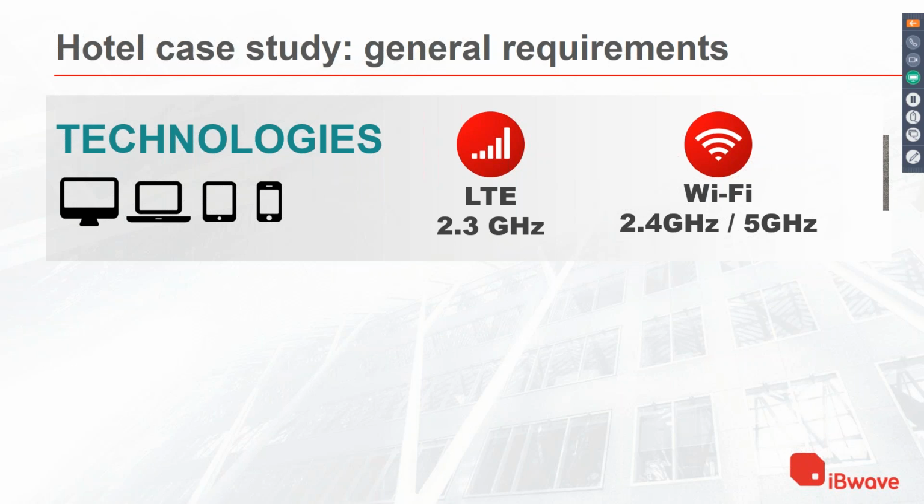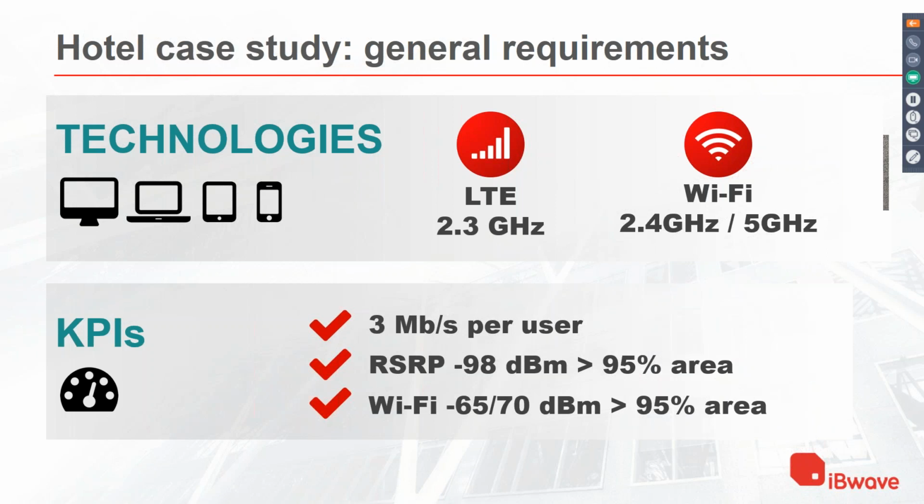In terms of the KPIs that were required, data throughput, 3 megabits per second per user, period. That's what we need to have everywhere. And then there are also some signal strength KPIs.